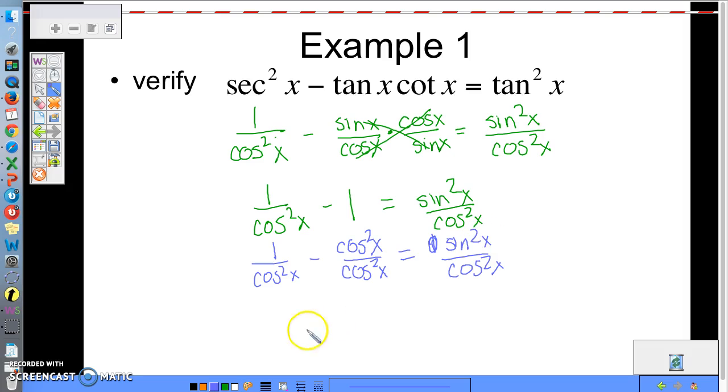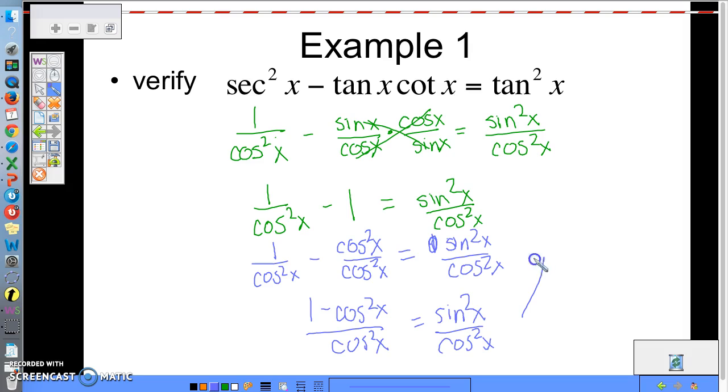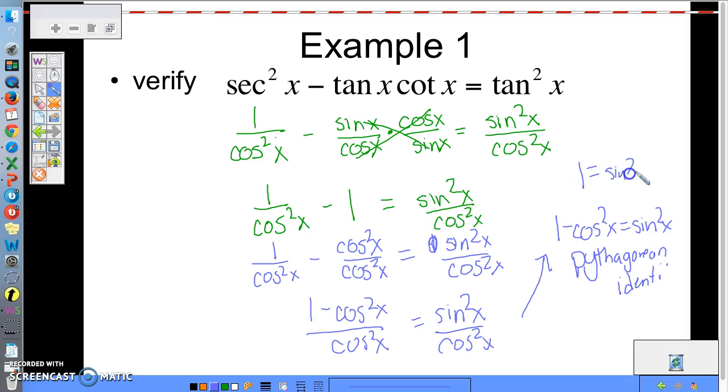So now we have a common denominator, so we have 1 minus the cosine squared of x over the cosine squared of x equals sine squared over cosine squared. So our denominators are the same, so our numerators, 1 minus the cosine squared of x equals the sine squared. Well, that's true because it is the Pythagorean identity. Because if we added the cosine squared, we'd have sine squared plus cosine squared of theta.